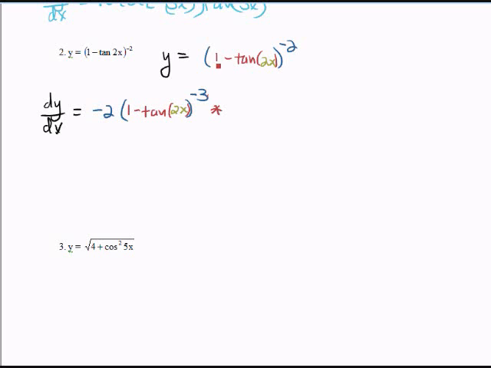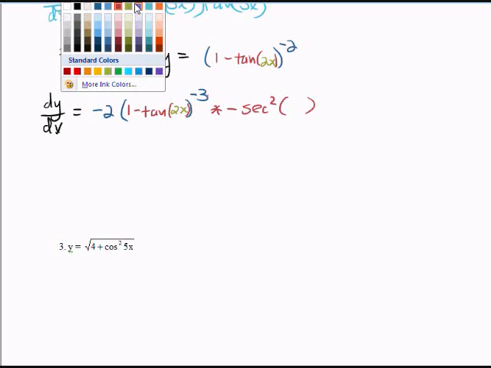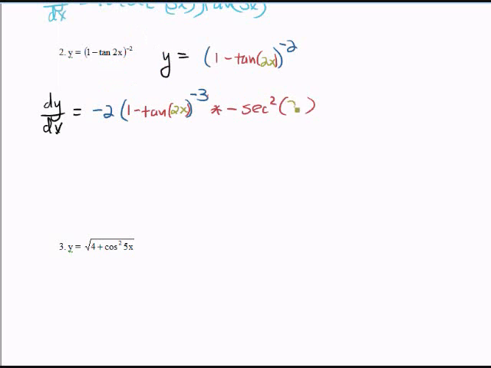So derivative of 1 is 0. The derivative of tangent is secant squared. So it's negative secant squared. The green function stays there. Times the derivative of the innermost piece, which is 2.